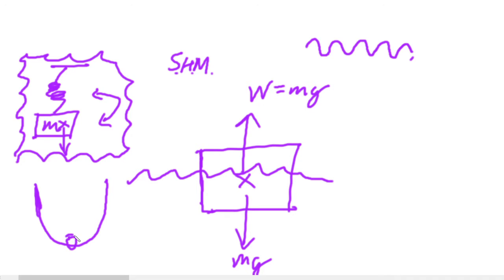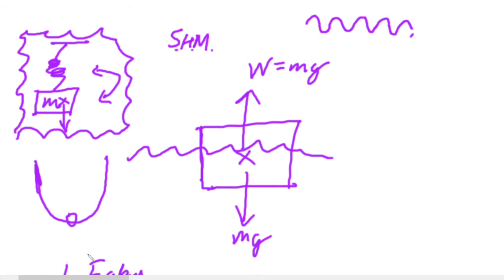If the ball is displaced from equilibrium this way, then there'll be a larger force on it, and if the ball is displaced from equilibrium this way, then there'll be a larger force on it in both cases towards the equilibrium. So for instance, if this ball tries to move anywhere, it will be pushed back to its resting position naturally.